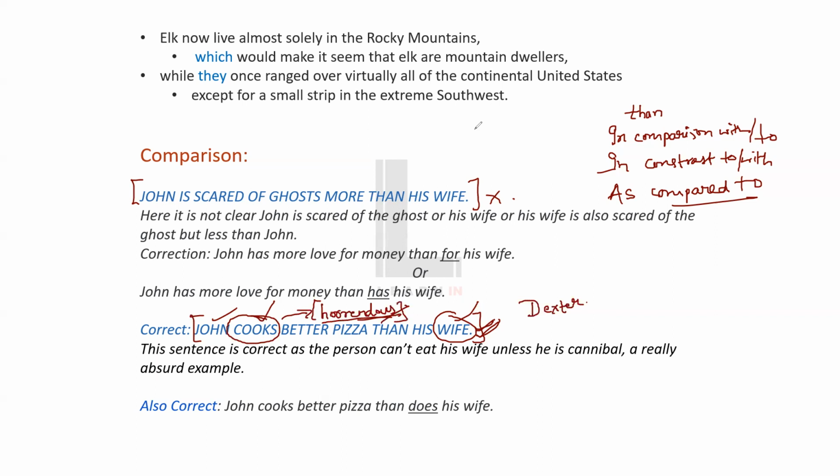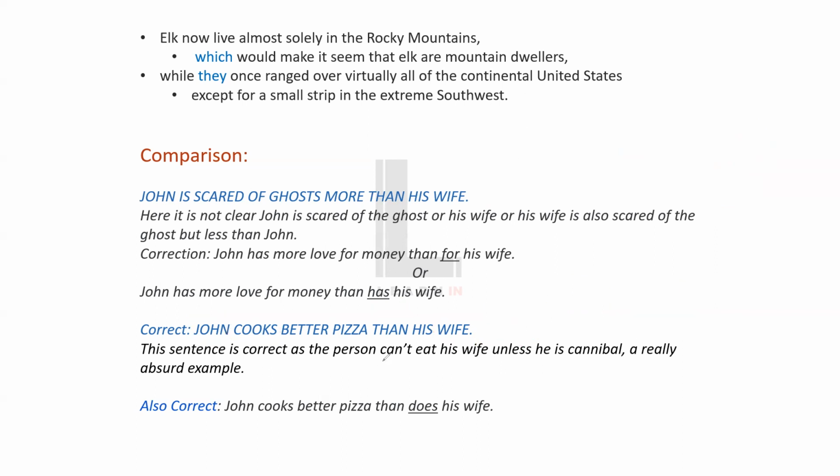Dexter and Hannibal, I think so. So these are the outliers, egregious kind of strange things, so we do not write it here. The only meaning that comes out of here is cooks better pizza than his wife does, right?